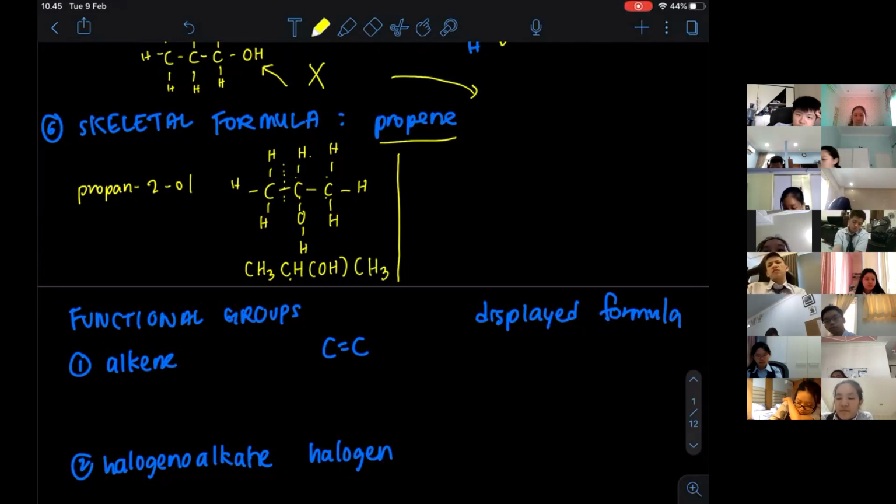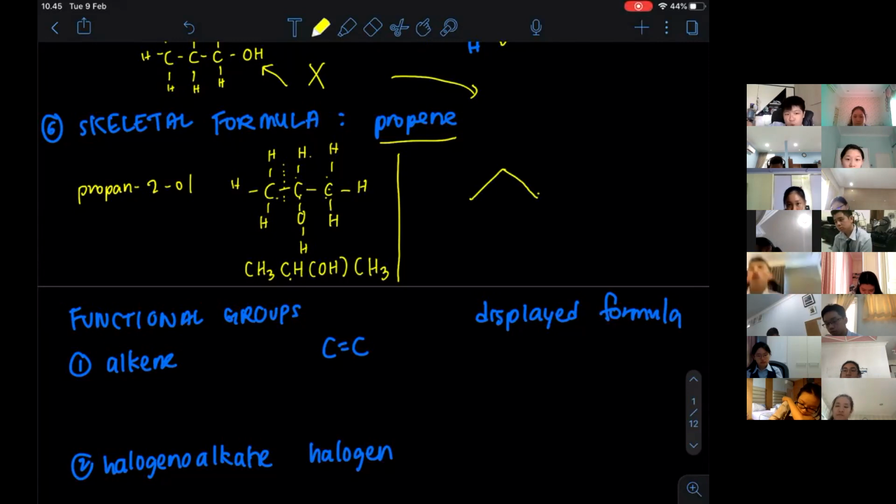Now, how do you draw the skeletal formula? Very easy also. You see it, 1, 2, 3. 3 carbon. And then I know at carbon number 2, there is OH. Now this is carbon number 2. You can put it like this and put OH.